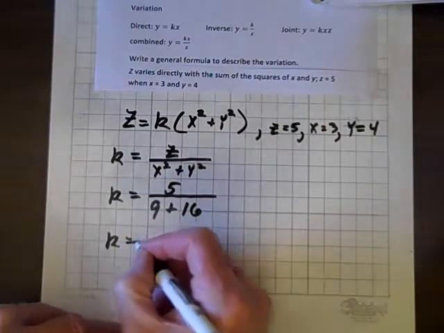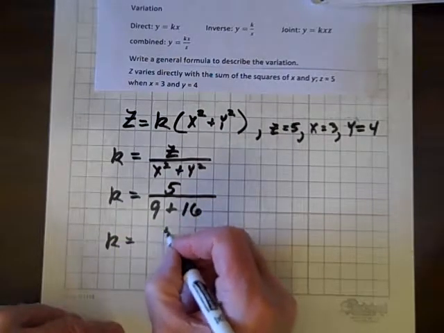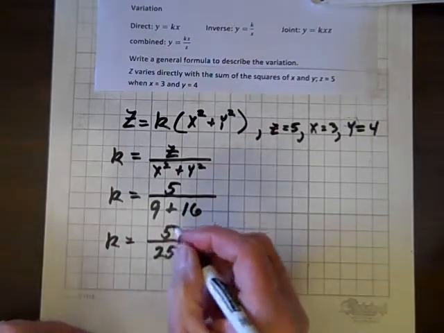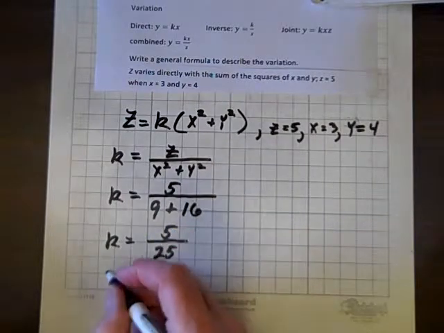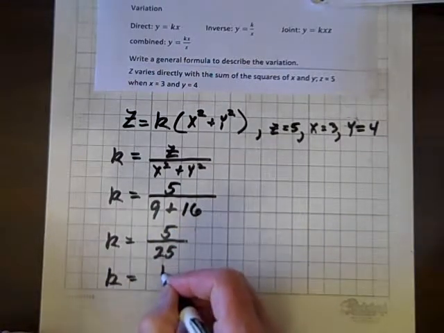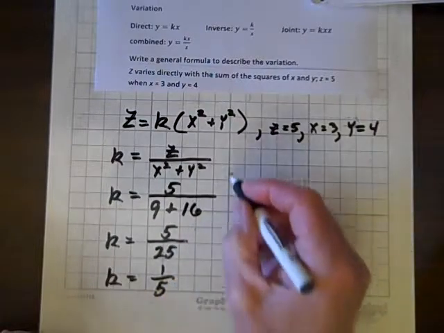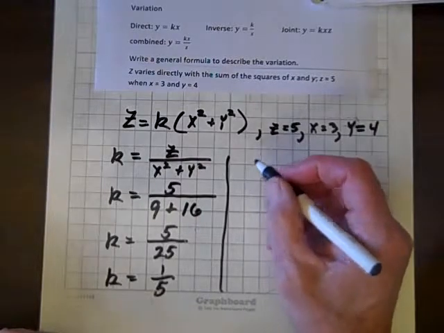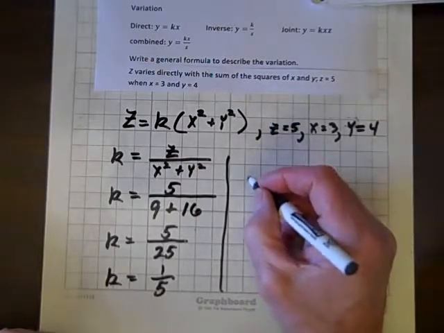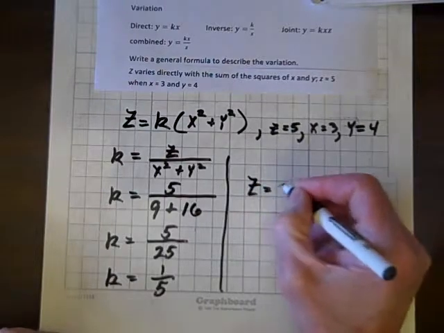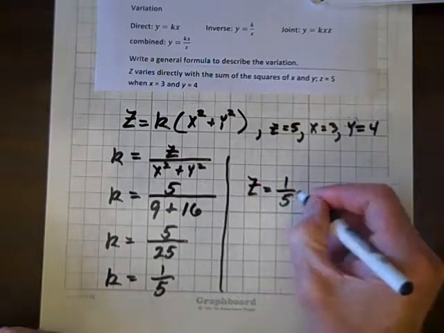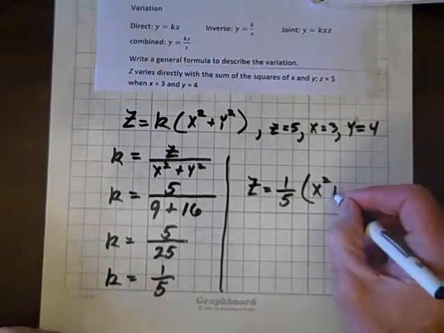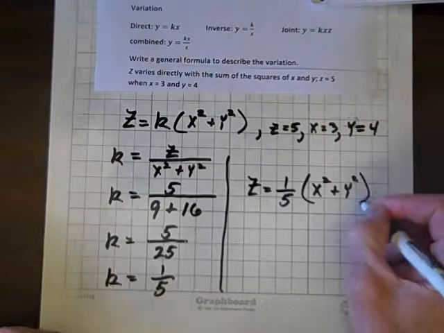So k equals 5 over 9 plus 16 is 25, and that reduces to 1/5. So now we can write the general formula to describe the variation, and we get z equals 1/5 times the sum of the squares, x squared plus y squared, and we are done.